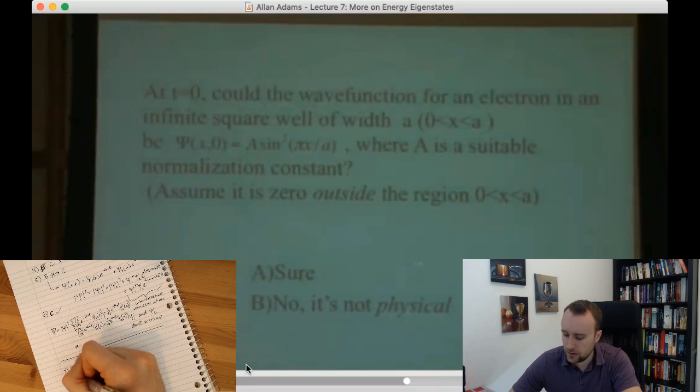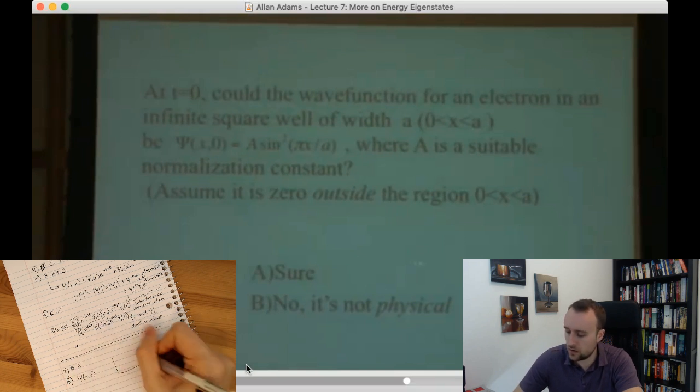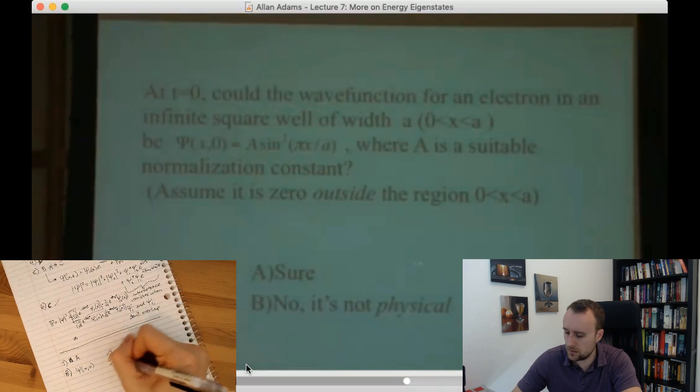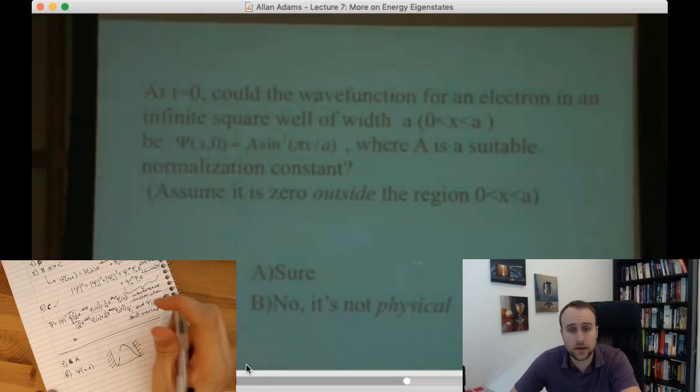So if we have some well, and this is saying sine squared, how do I draw sine squared? It's more like this, I think. I think that's what sine squared looks like.